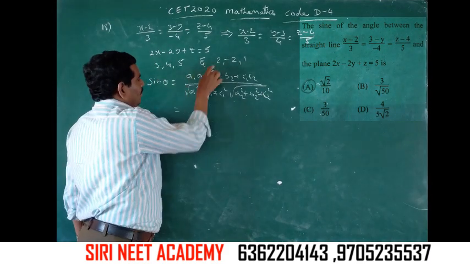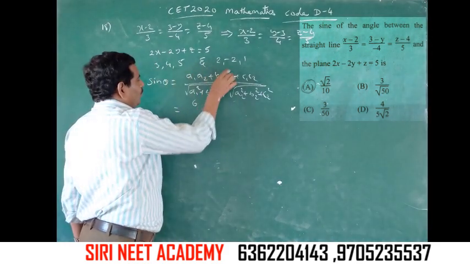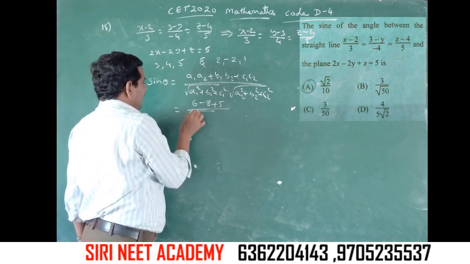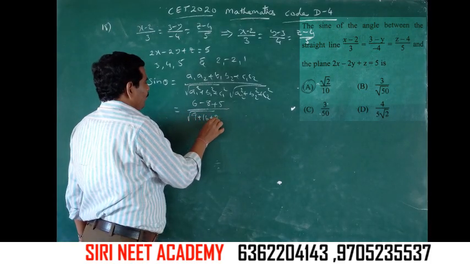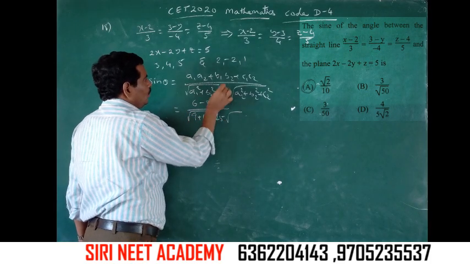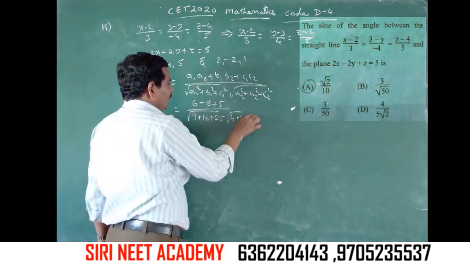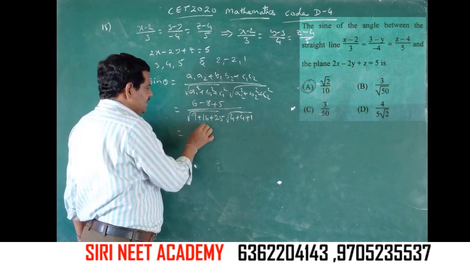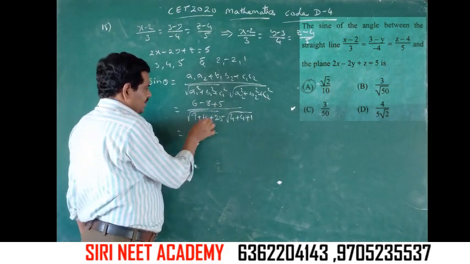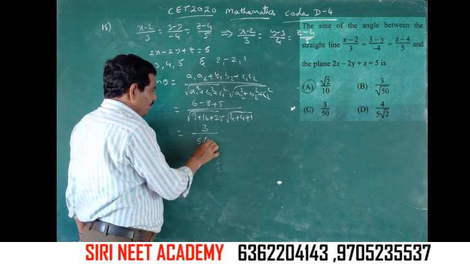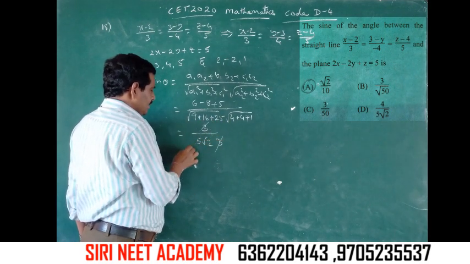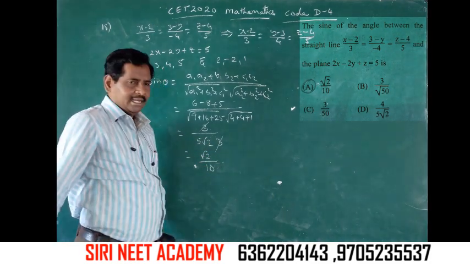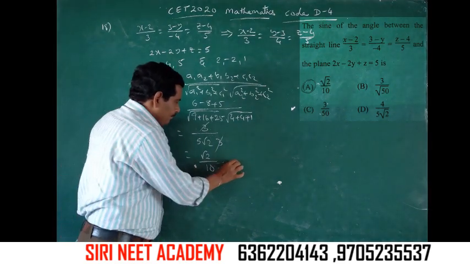It means 3 into 2 is 6, 4 into minus 2 is minus 8, 5 into 1 is 5, divided by root of (9 plus 16 plus 25) into root of (4 plus 4 plus 1). 6 minus 8 plus 5, remaining is 3, divided by this value, which is 15. 15 means 5 root 2. This value is 3. Cancel these two. 1 by 5 root 2 or root 2 by 10. So option A.